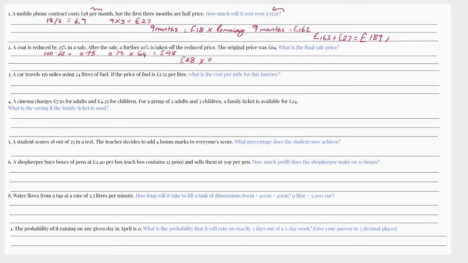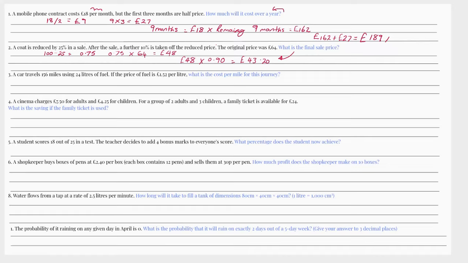Well, it's going to be 0.90. And that gives you £43.20. So that is the final sale price, £43.20. So you've just done 2 lots of steps here.